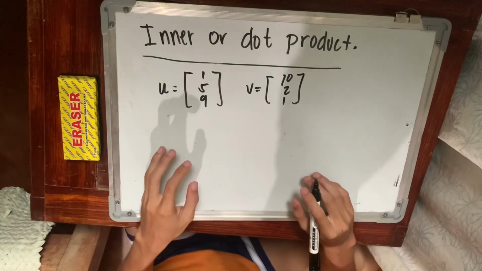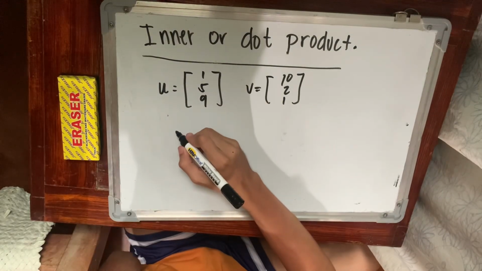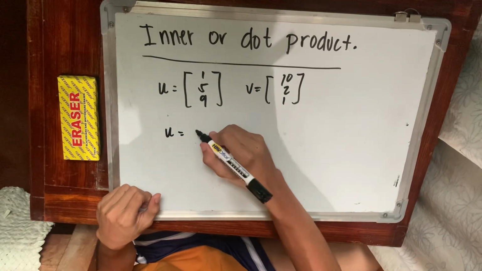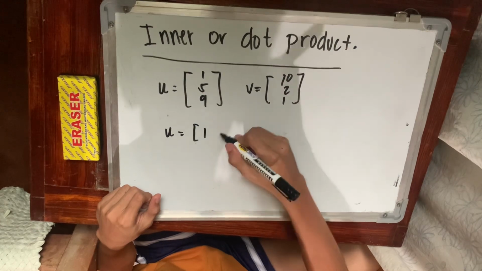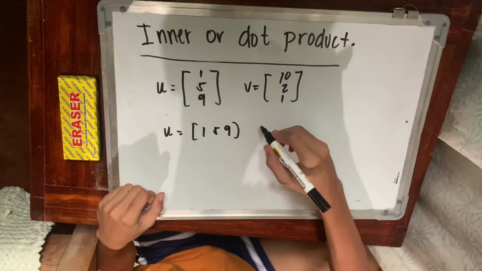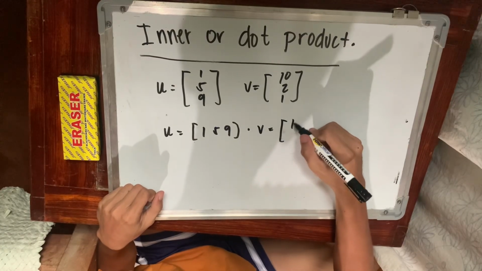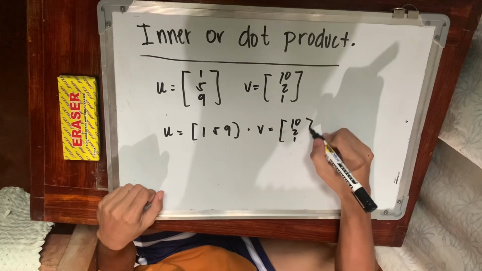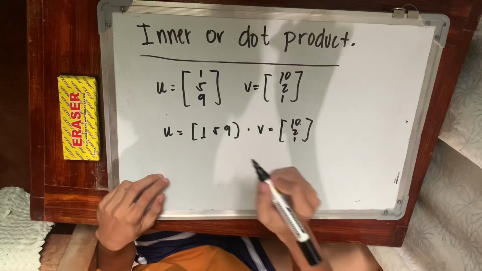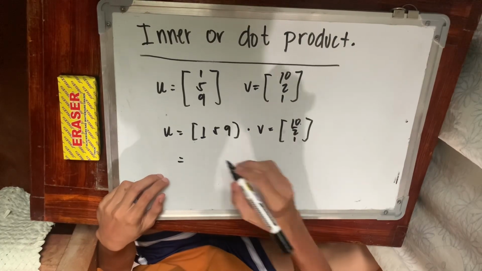The first thing we do is transpose this vector. Vector u will become like this: 1, 5, 9. Then vector b will stay the same: 10, 2, 1. So we are going to multiply the corresponding elements.